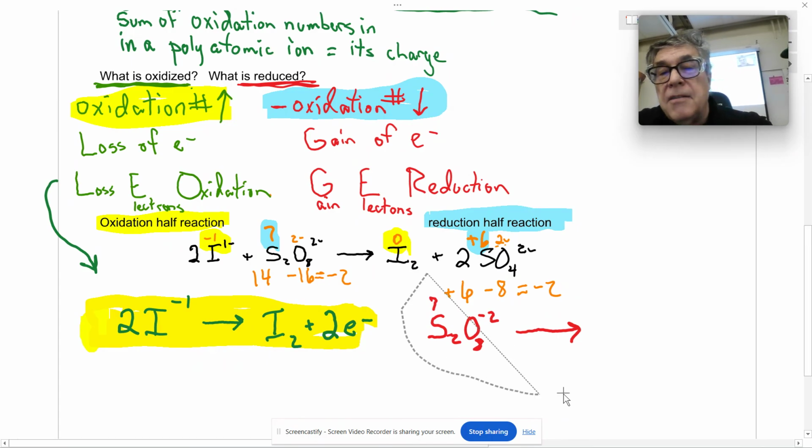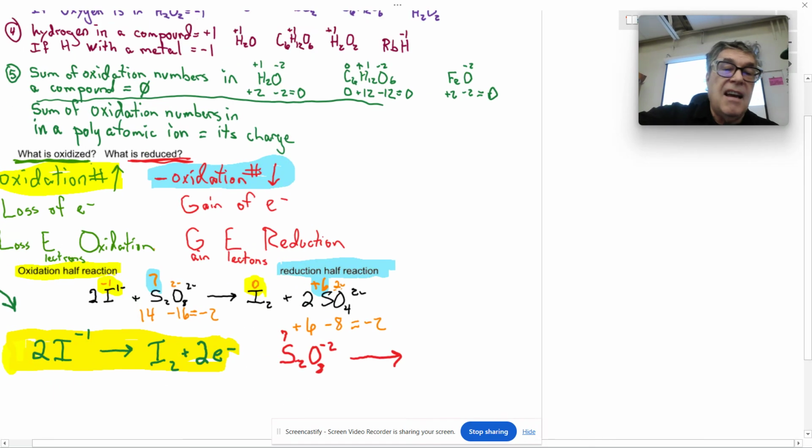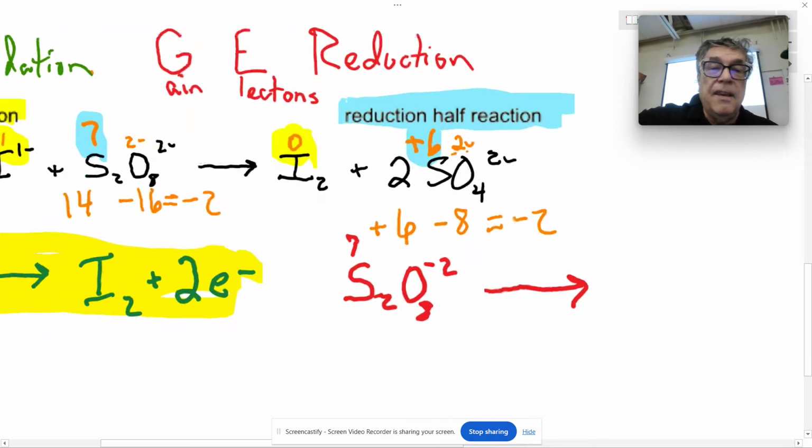I'm going to scoot this all over. Oh, computer, why did you do that? Okay, I'm not going to change it. I'll fit it in.